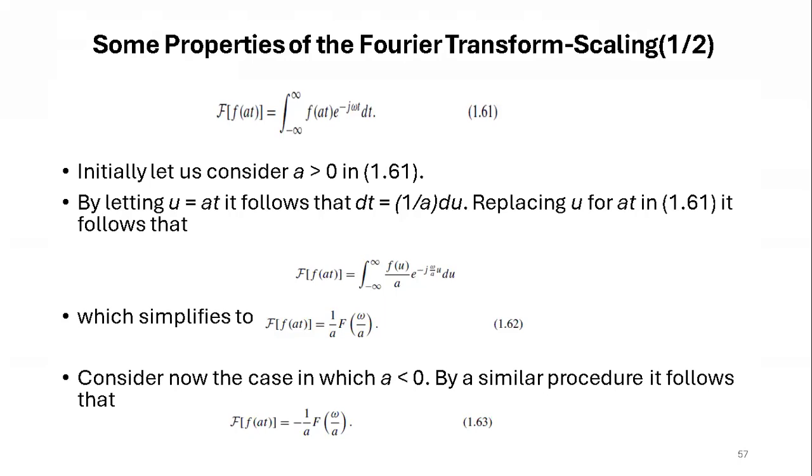The Fourier transform of f(at) is the integral from minus infinity to infinity of f(at) e to the minus j omega t dt, in equation 1.6. Initially, let us consider a greater than 0.